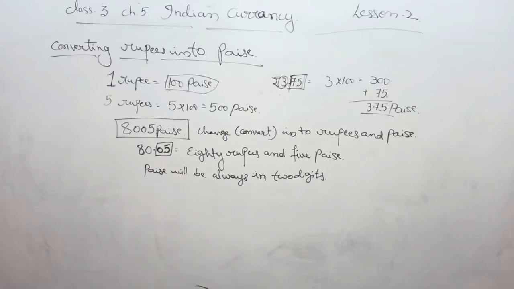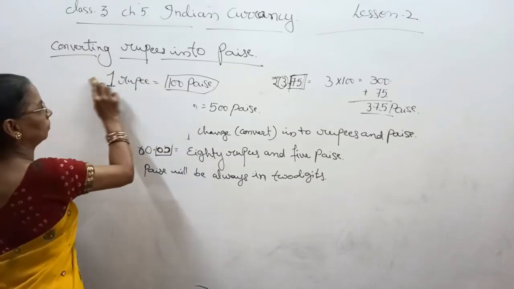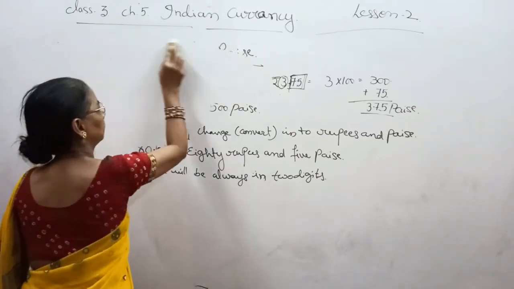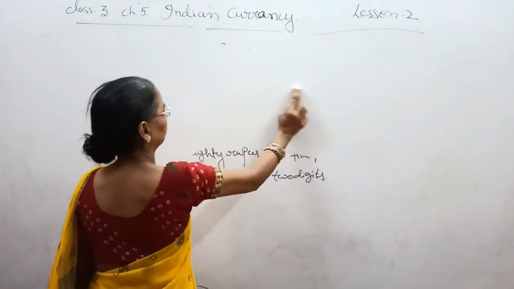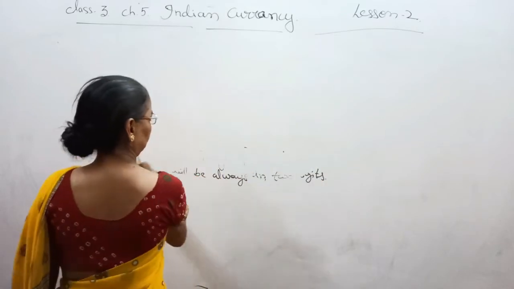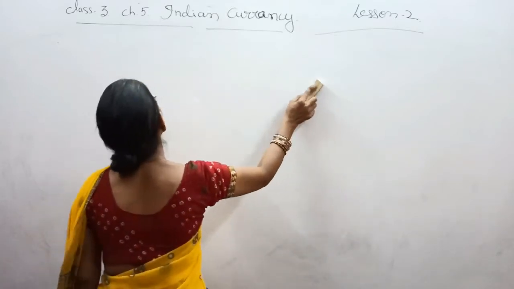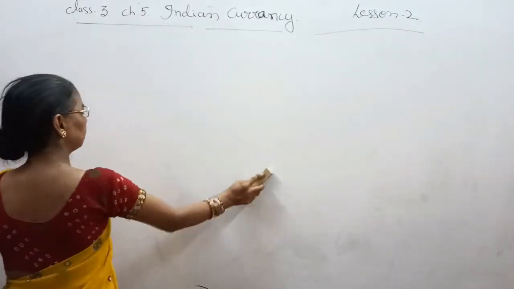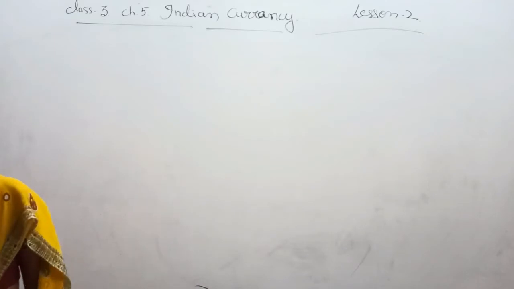Now we go for the exercise, that is 5.2. By doing exercise 5.2, I will explain how we can convert rupees into paise and paise into rupees.